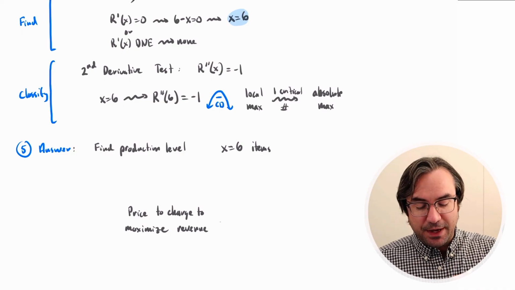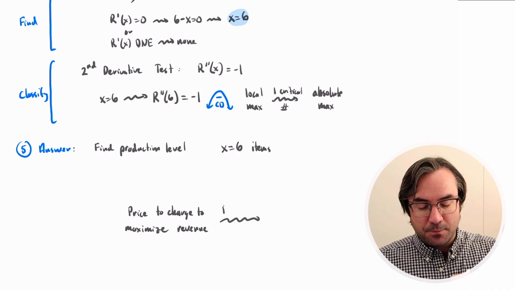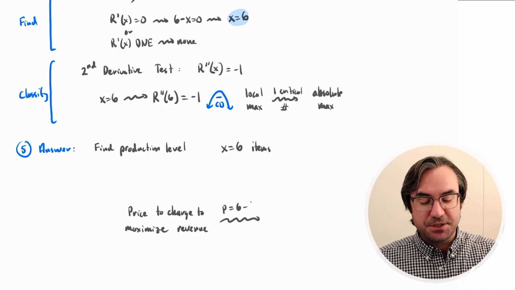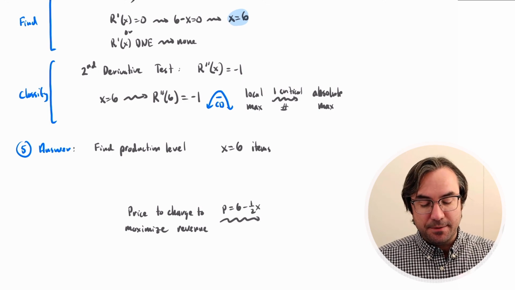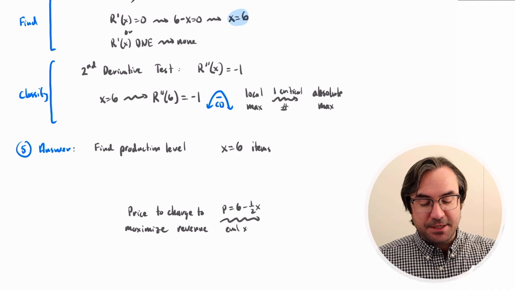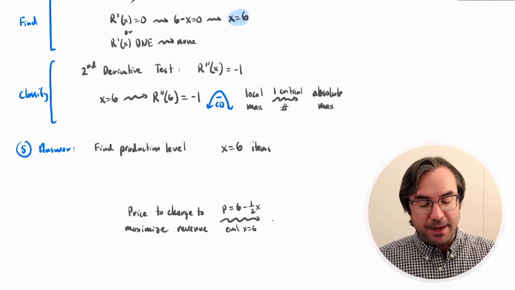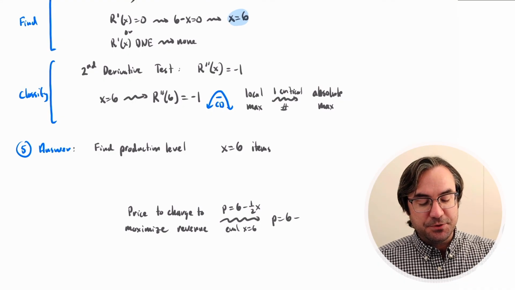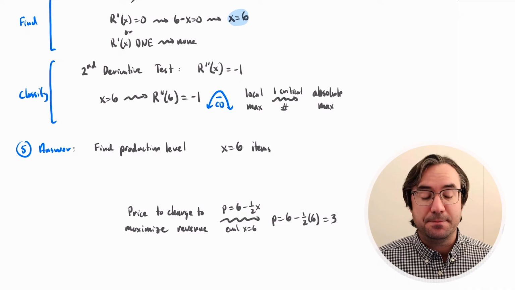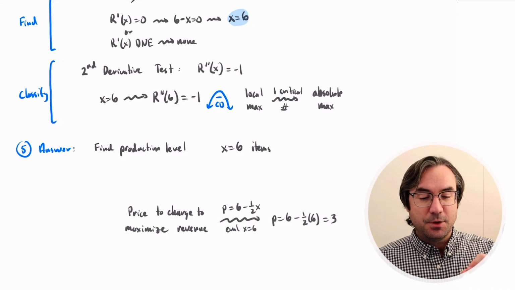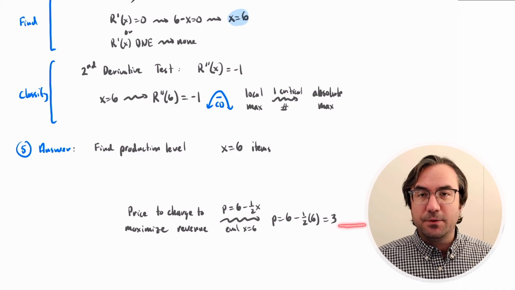So we're just going to evaluate. We're going to plug into our P equals 6 minus 1/2 x formula, and we're going to plug in x equals 6. So when we do that, we get P is equal to 6 minus 1/2 times 6, which simplifies to just 3. The only thing to be careful of here is, what are the units?